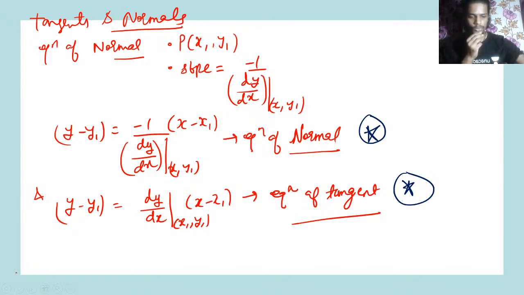So these are the two things which you should remember. Equation of tangent and normal. Okay, I will give you 1 minute to note it down, then we will do questions.